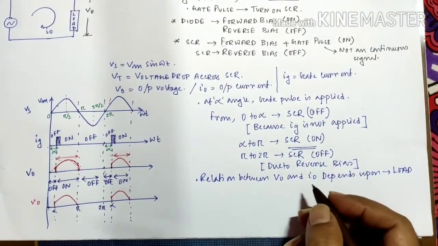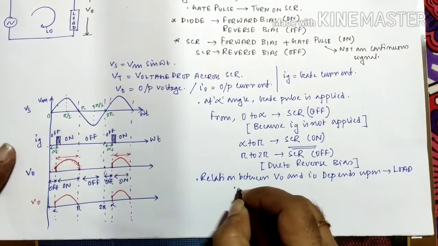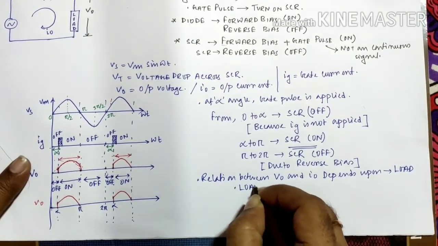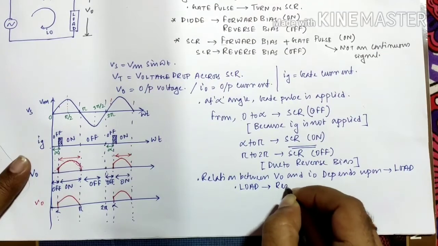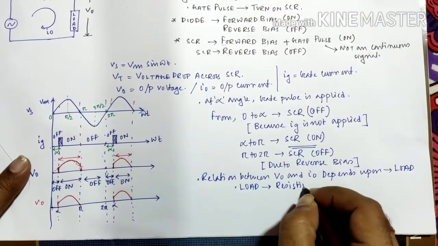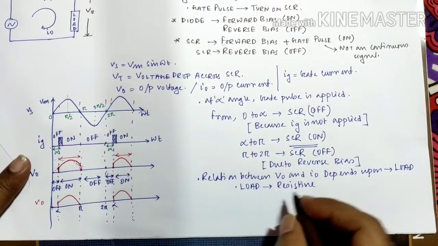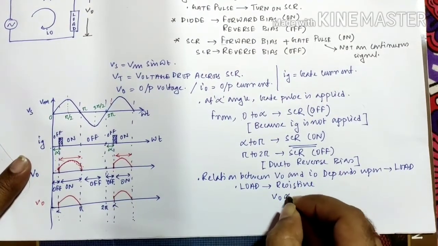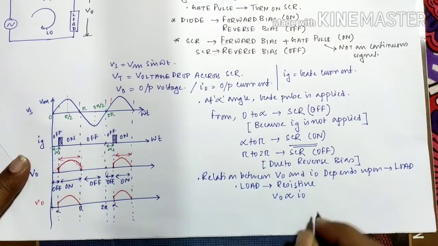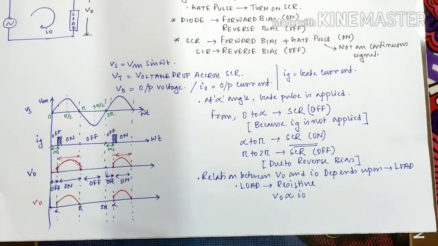If the load is resistive, or a pure resistive one, then we know as per Ohm's law V0 is proportional to I0. That means there should not be any phase difference between V0 and I0. Both will be perfectly similar.